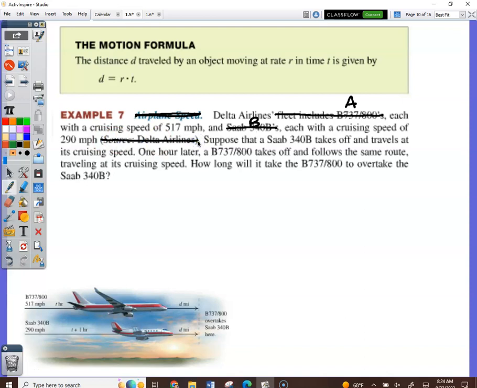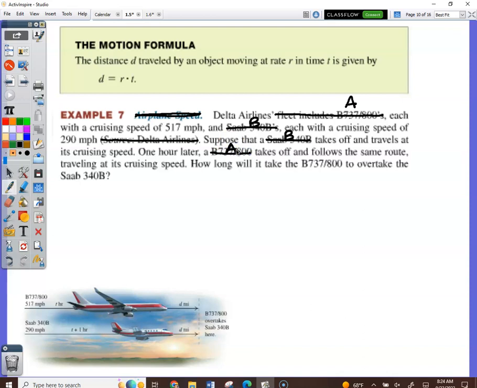Suppose that, now everywhere in the problem you got to rename it. So suppose that plane B takes off and travels at its cruising speed. 1 hour later, now which one was this? This was A. 1 hour later, plane A takes off and follows the same route, traveling at its cruising speed.